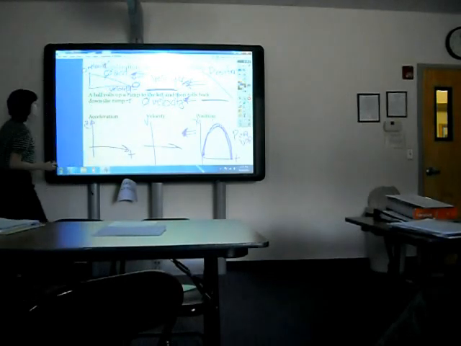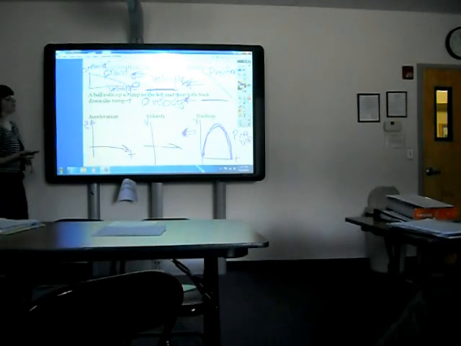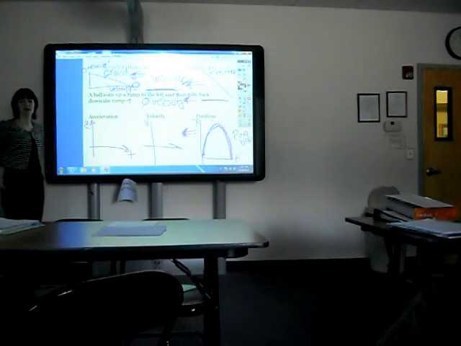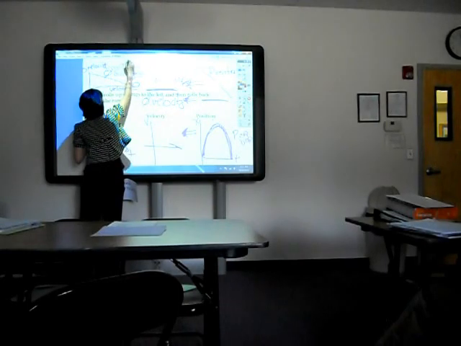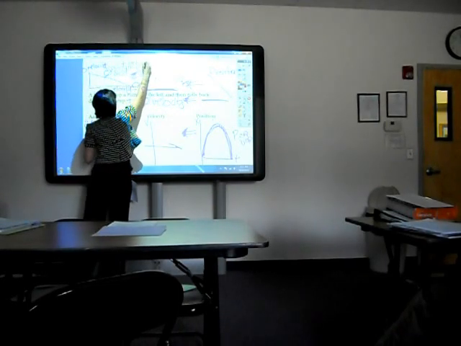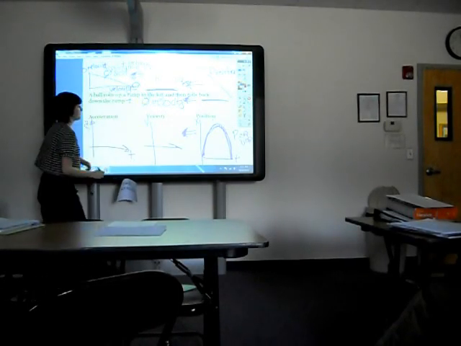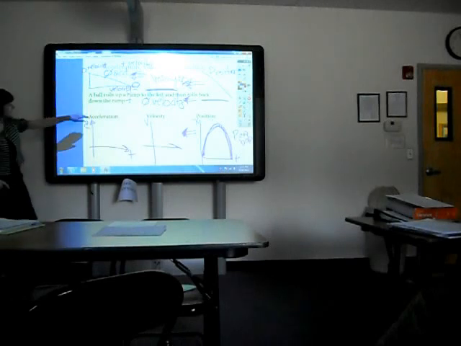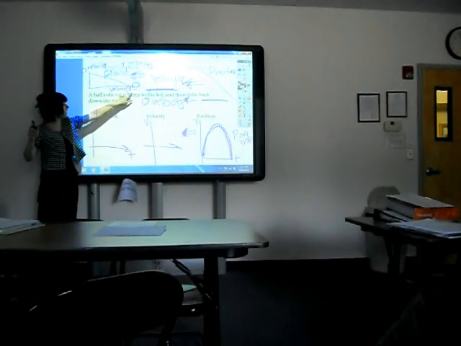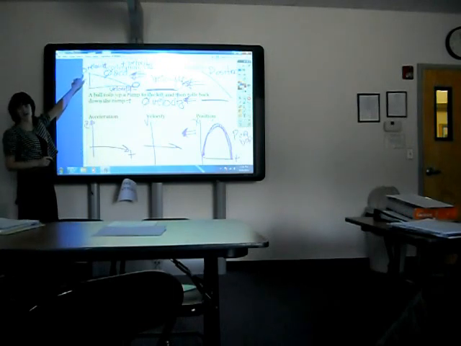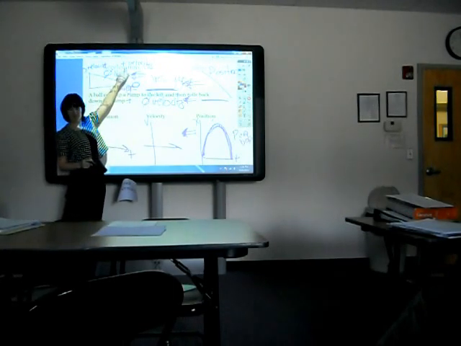Now, if my ball is coming down and moving to the right, my velocity is what? Positive. So, our velocity starts where? Negative. You got it. Moves to 0 and becomes positive.